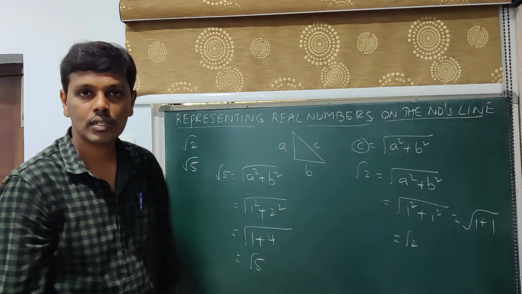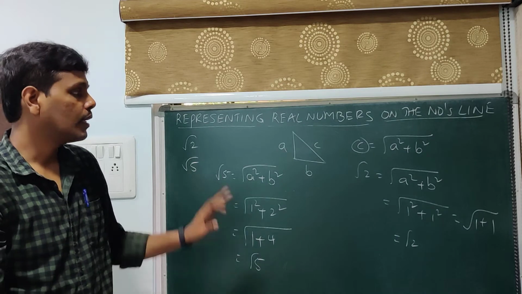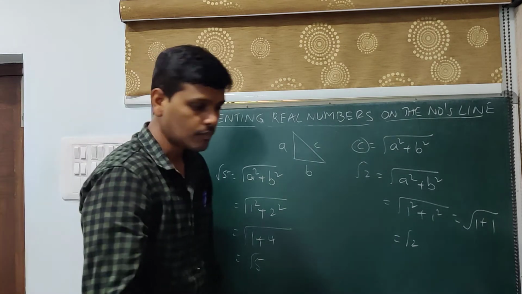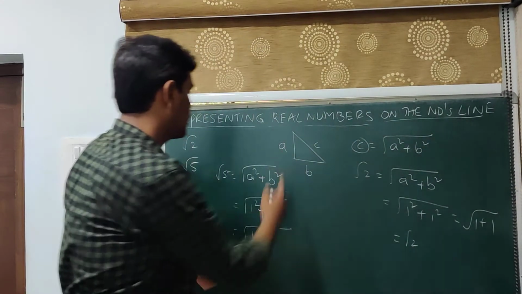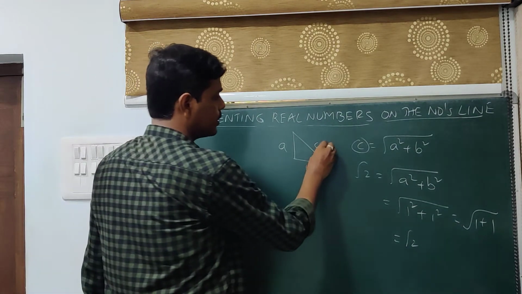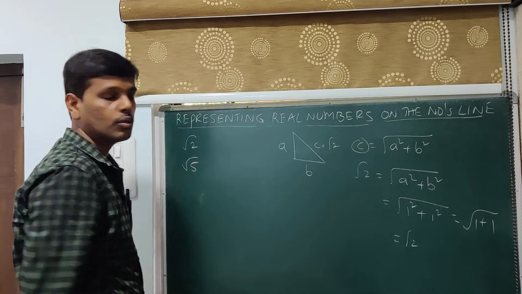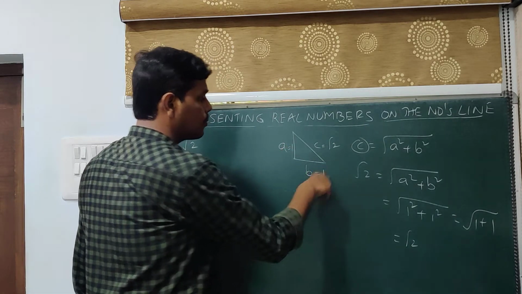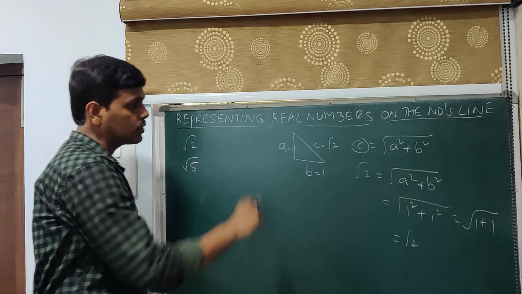Now taking this logic into consideration, I am trying to represent an irrational number on the number line. So I am going with root 2. We have already discussed that if we want C to be root 2, then A should be 1 and B should be 1. So that is what I am going to do.